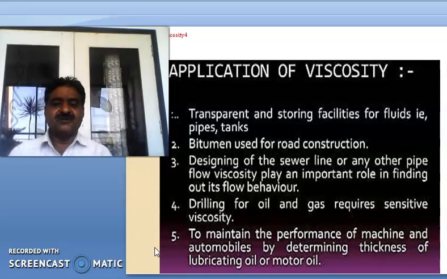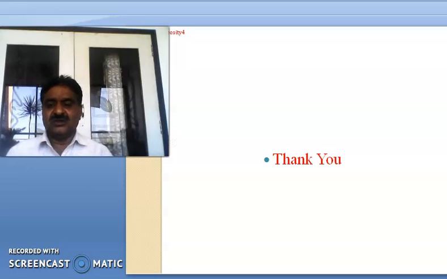So viscosity plays a very important role in maintaining the performance of machines and automobiles by determining the thickness of lubricating oil or motor oil. How thick or how thin the oil is determines its viscosity, and it is useful for the better performance of machines as well as automobiles. So in this way, we have completed this fourth lecture also.